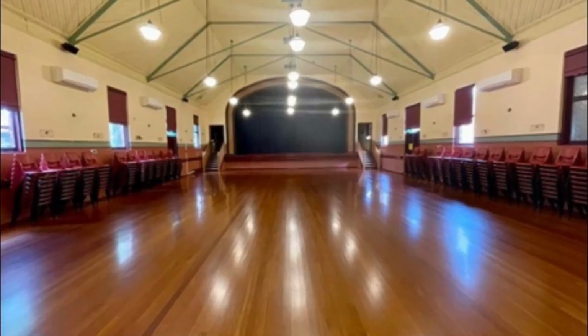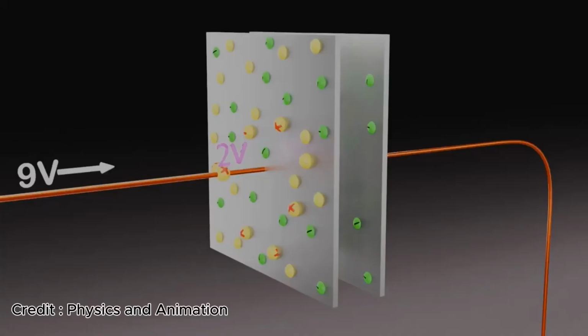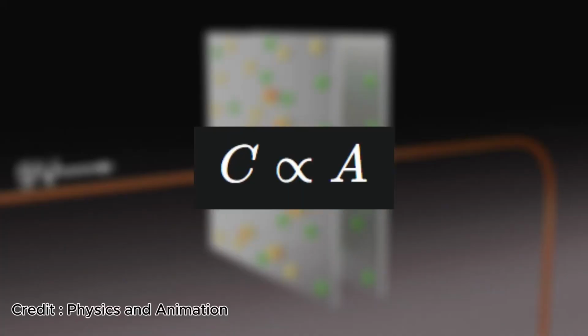If the hall is small, only a few people can fit inside it comfortably. That means it can only store less charge inside of it. But if the hall is larger, more people can gather inside it without crowding, so it can hold more charge inside of it. This shows that the capacitance is directly proportional to the area of the plates.